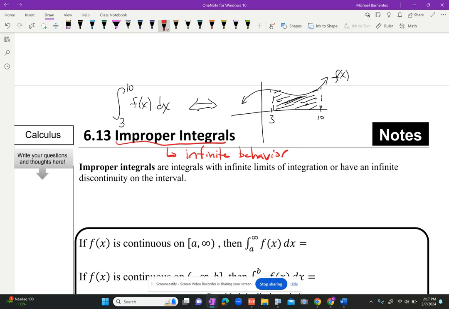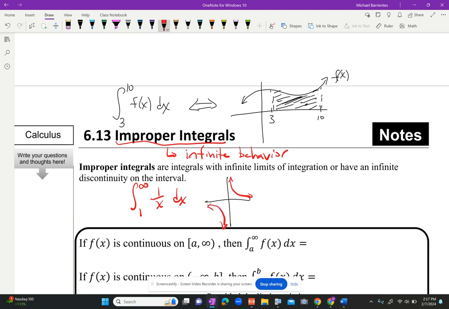So, for example, if I take the integral from 1 to infinity of 1 over x dx, this is an improper integral because when I draw 1 over x, that would be this function. Let me use a different color so that we can separate the graph from the function that we're talking about over here.